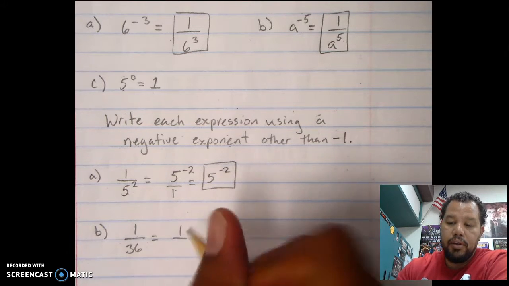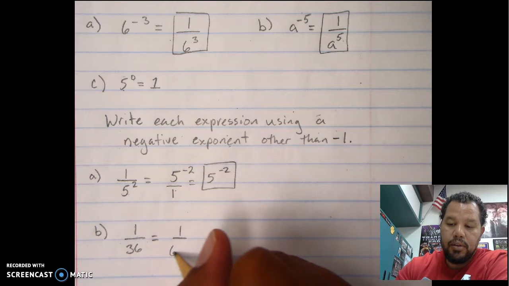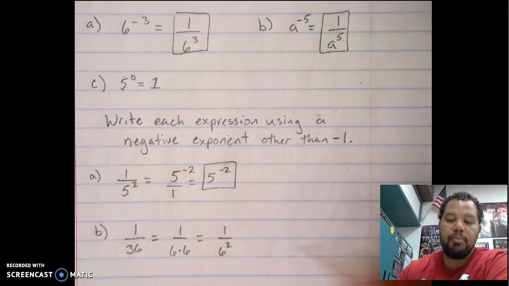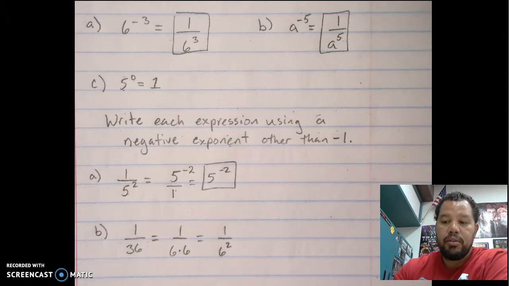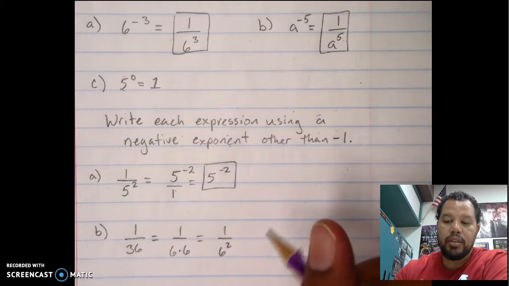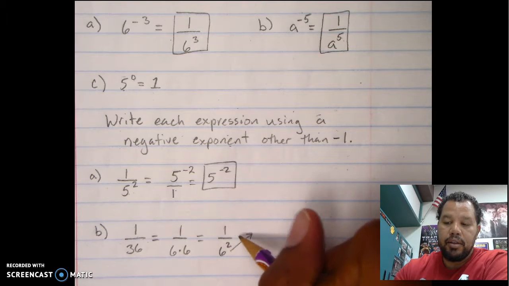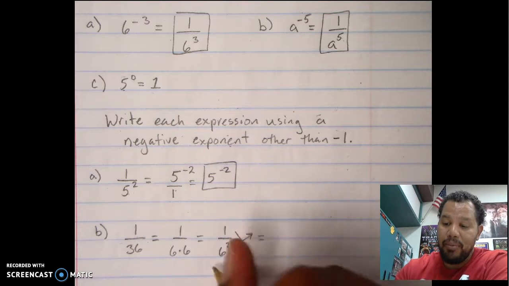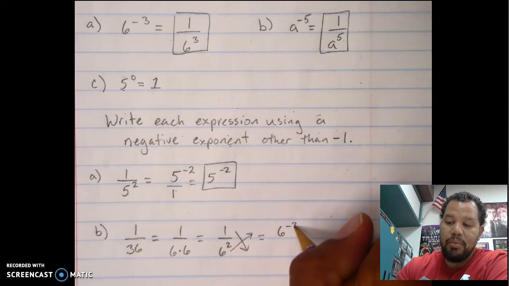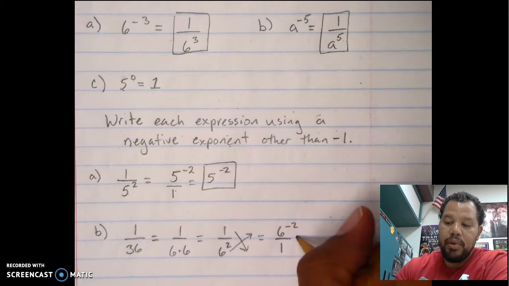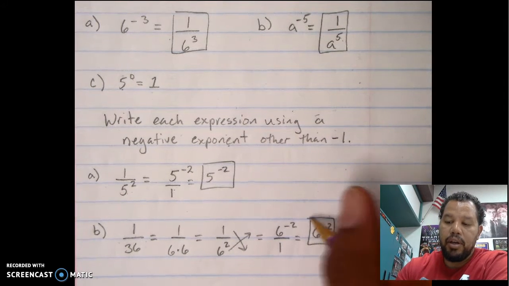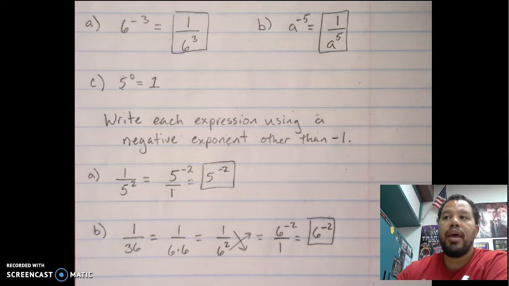Yes, it is 6 times 6, so it's 1 over 6 to the second power. The factor 6 squared is 36. That's a positive exponent, so we use the multiplicative inverse. That means we have 6 to the -2 up here, and the 1 on the bottom. Again, we don't need that 1, so it's just 6 to the -2 power, written with a negative exponent.